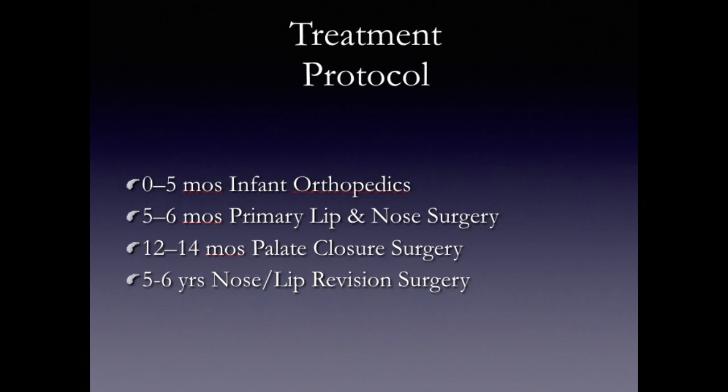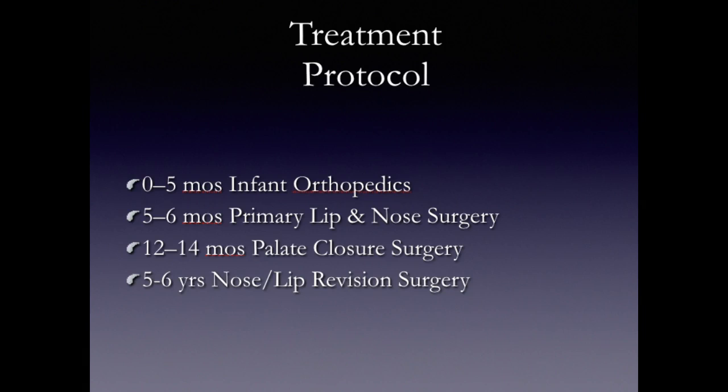So usually in the first 5 months, they will use orthopedics like that little appliance, and they'll make special nursing bottles and nipples for babies, mostly concerned with their breathing and ability to eat. At 5 to 6 months, they'll do their first lip and nose surgery.